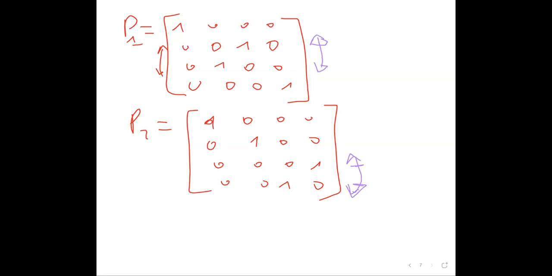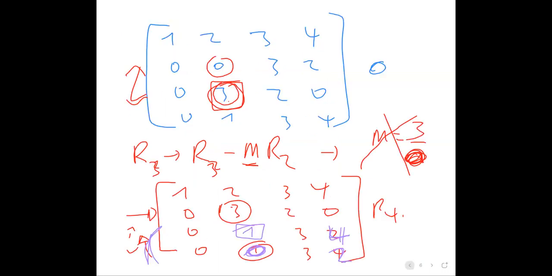Do you understand? So in the end, what we will do is take our permutation matrix P1, which gave us this exchange. We'll take this guy, which gives us this exchange.